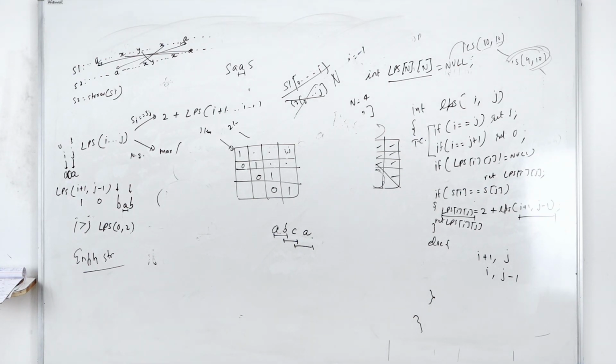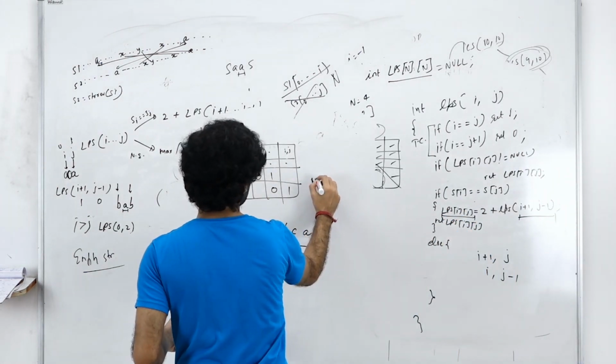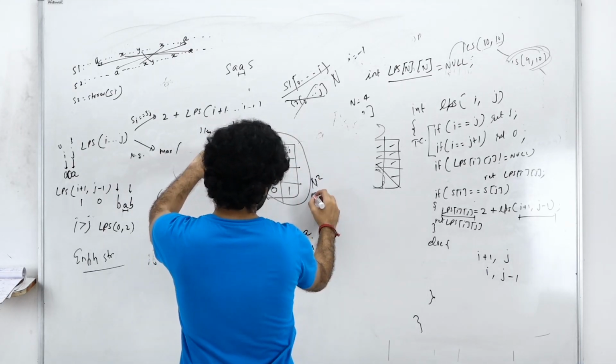Okay, n square. Anyone else who feels it will be n square? Okay, approximately how many problems have I solved? Can somebody tell me? See, total number of squares is n square, right? Total number of cells is n square.